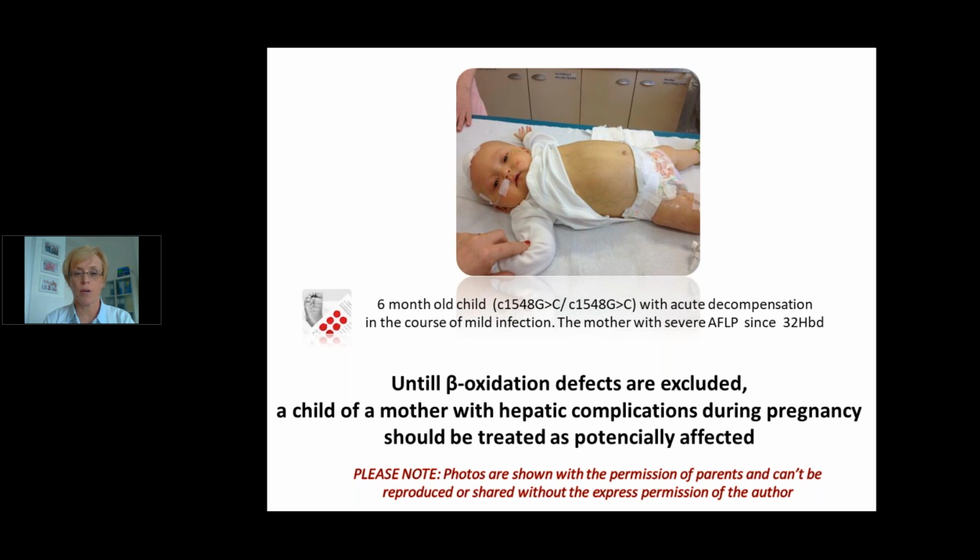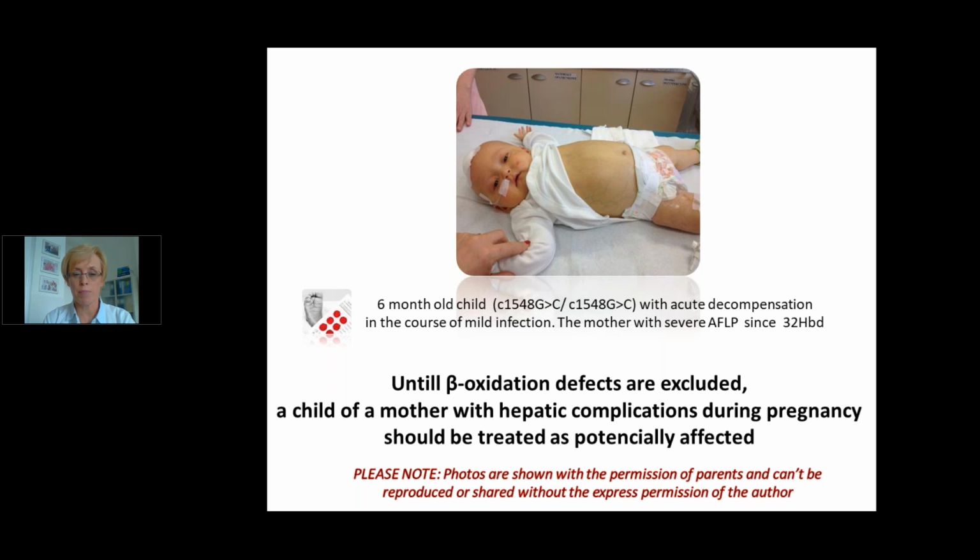This child was born in our center at a time when tandem MS screening was not available yet, and being treated by the neonatologist as totally healthy, she was discharged home. She appeared in our institution at the age of 6 months in the course of severe liver failure as the result of the first presentation of LCHAD.